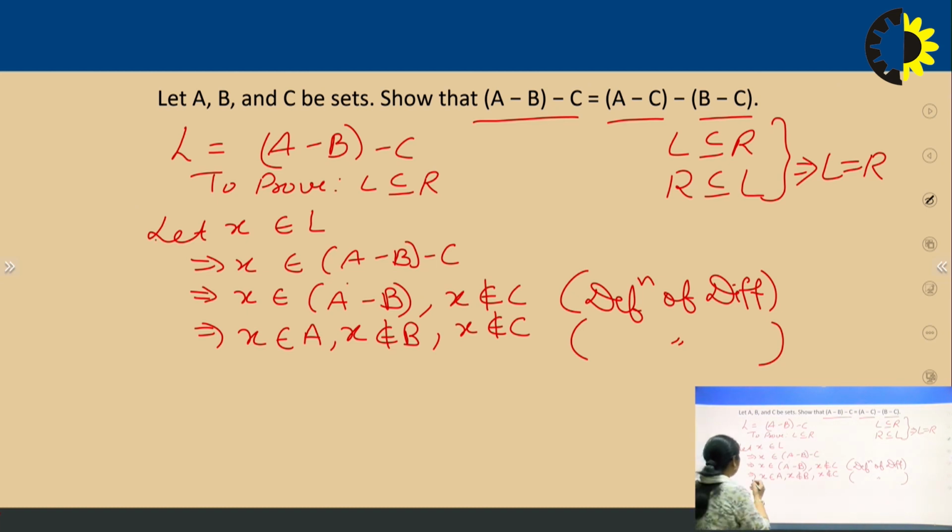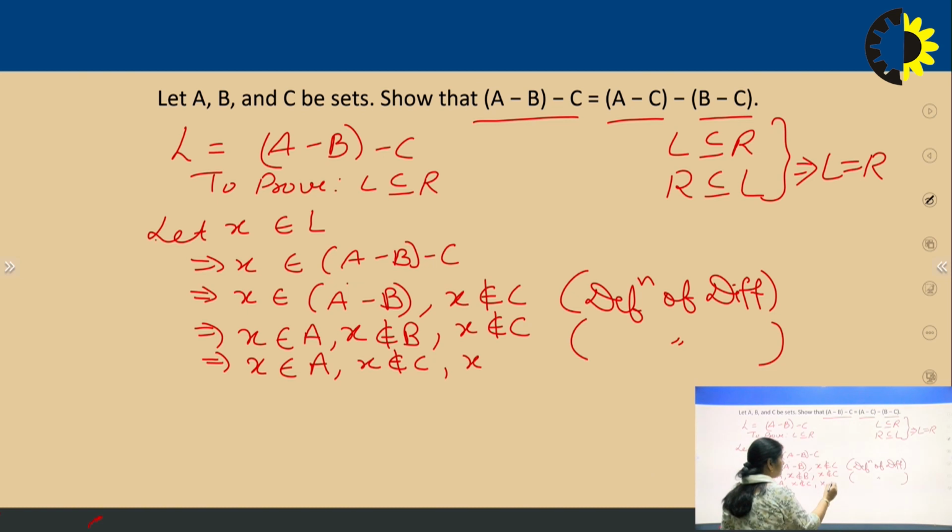So when I say that x belongs to A, x doesn't belong to B, x doesn't belong to C, it means x is in A but not in B and C. So I can write it like this also: x belongs to A, x doesn't belong to C, x doesn't belong to B. This is just commutativity.